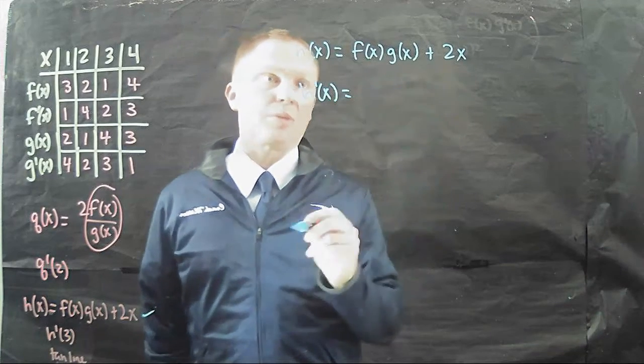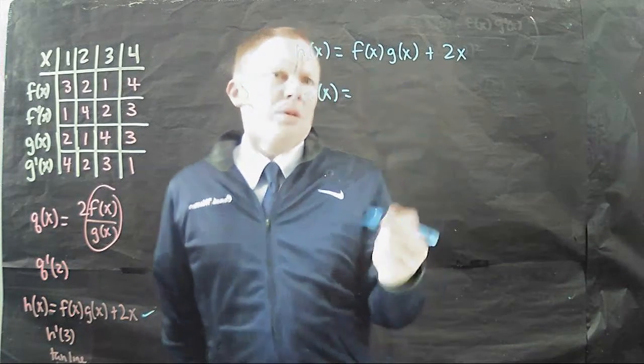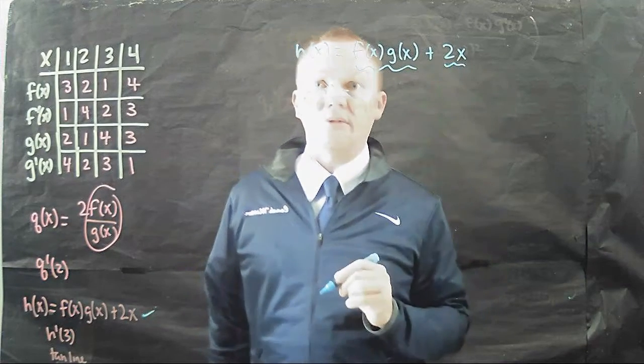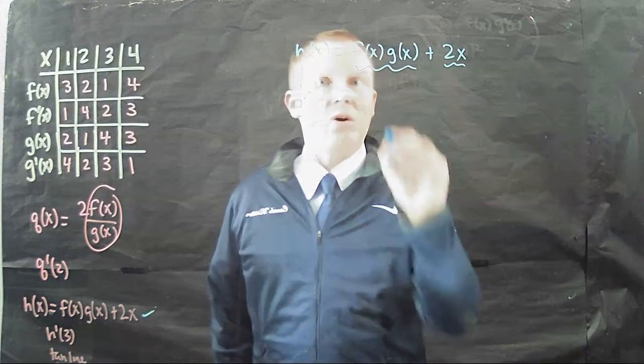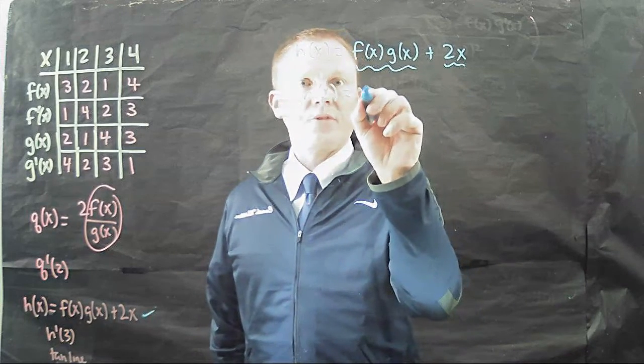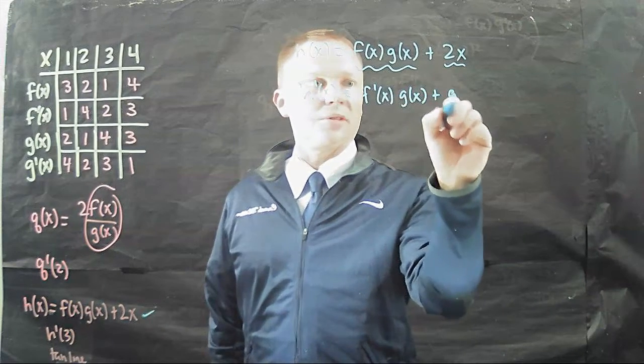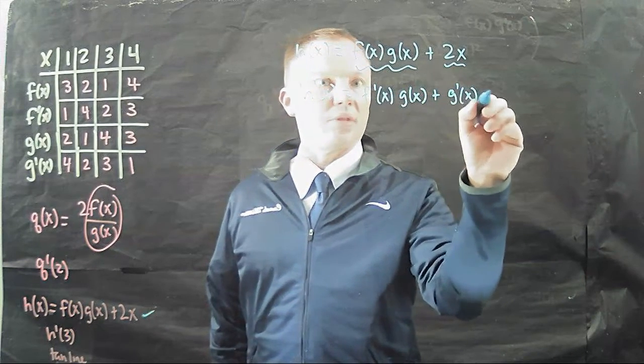And you should write that expression down for h prime of x. So we got the product rule here, and then I've got just the derivative of 2x there. So here we go. Derivative of the first times the second plus the derivative of the second times the first.